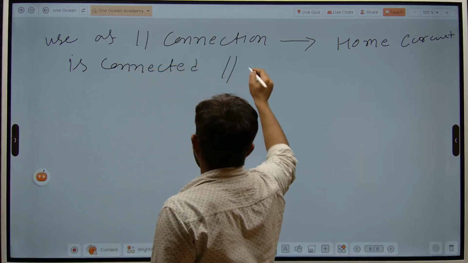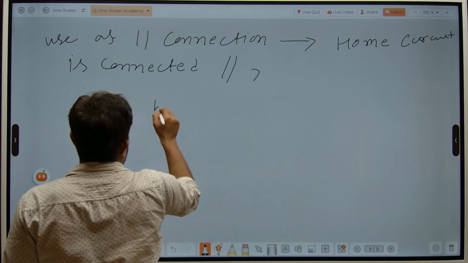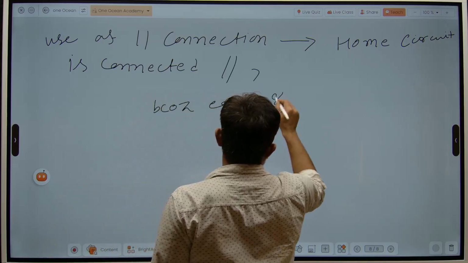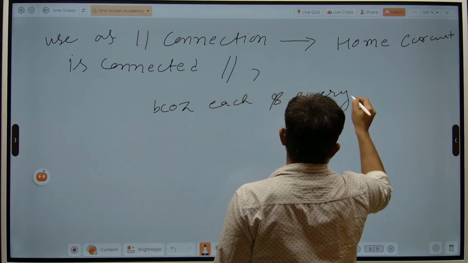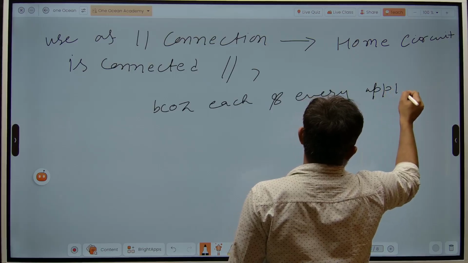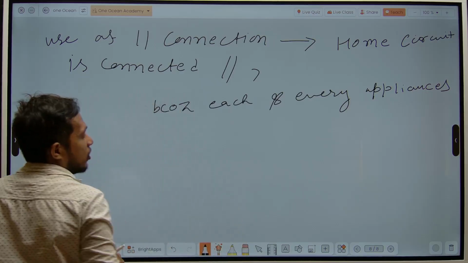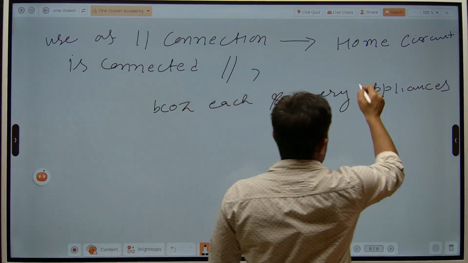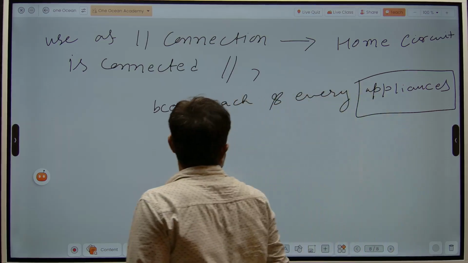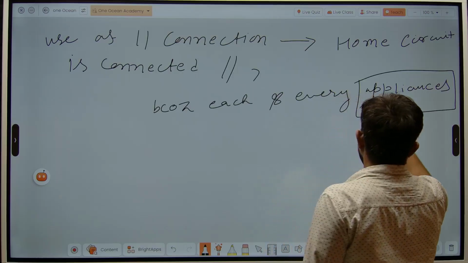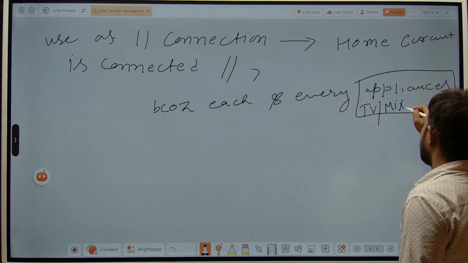Because each and every appliance of the home, okay na, not of Bollywood, not of Hollywood, okay. Here what? Appliances of the home, such like TV, mixie, grinder, fridge, whatever, okay na.